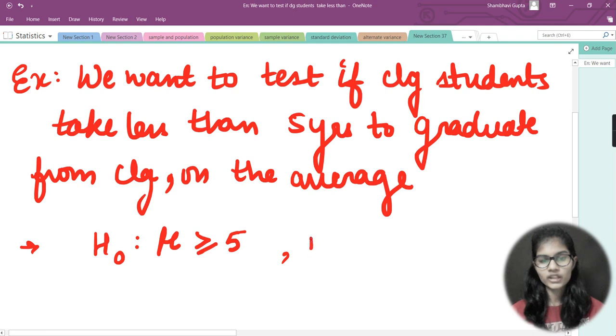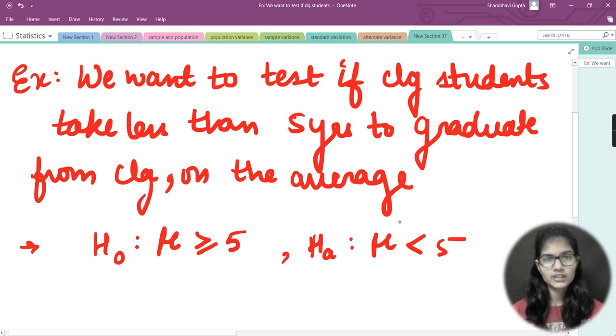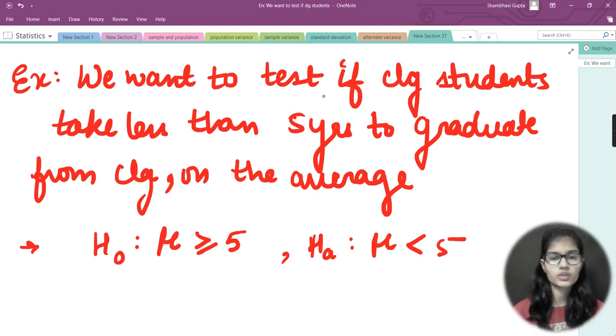And my HA, the alternate hypothesis, is mu less than 5. Mu is basically my average. So this was the question we wanted to test: if college students take less than 5 years to graduate from college on the average, right?